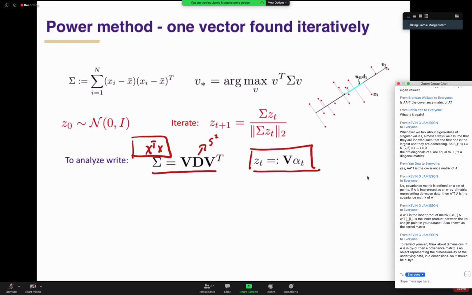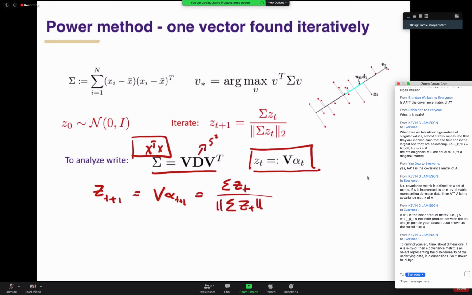So if we write Z_{t+1}, that's equal to V alpha_{t+1}, and it's also equal to the covariance matrix times Z_t over the norm of the covariance matrix times Z_t.